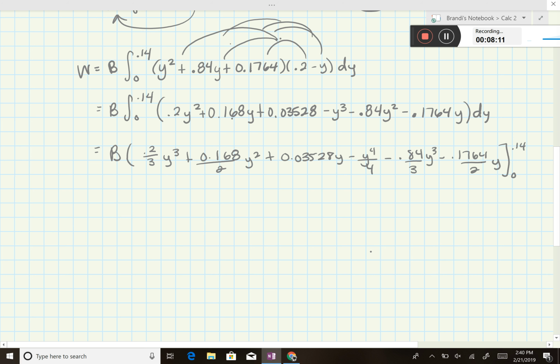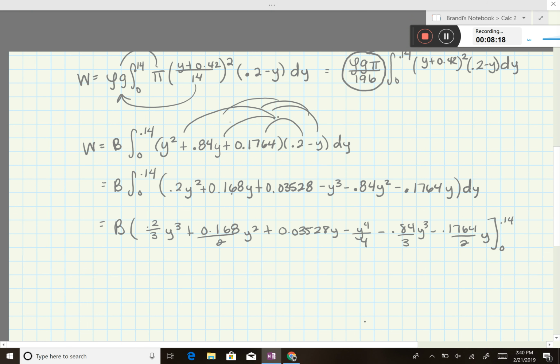The good news is that there's a y in every single term, so the 0 doesn't really matter. We just need to plug in our 0.14 and then multiply it by our constant B, which was all of these variables, or constants.